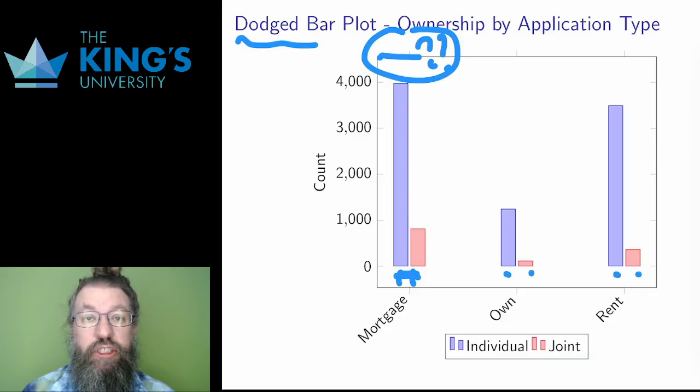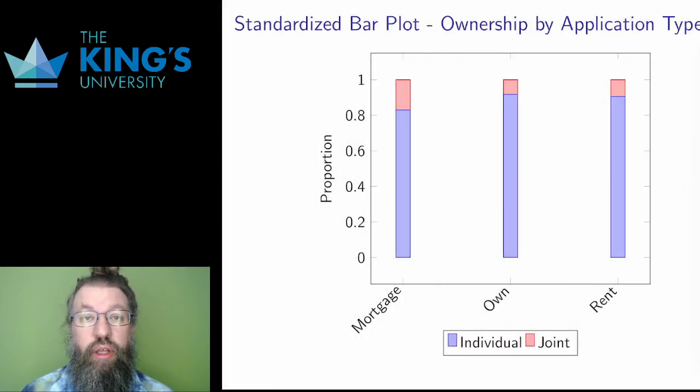As I said before, visualization is always about trade-offs, what you want to show, what you are content with making less visible. If the comparison between individuals and joint applicants is the most important, well then this is a good choice. Finally, I can also do something similar with proportions.